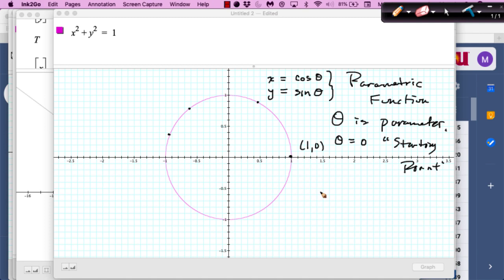This x squared plus y squared equals 1 has no direction. It's just the set of points that is the circle. But x equals cosine theta and y equals sine theta as a parametric function has direction. So which way from 1, 0 does it go? Counterclockwise, remember? And that's by definition of theta and cosine and sine being the x and y coordinates. It generates counterclockwise starting from 1, 0.